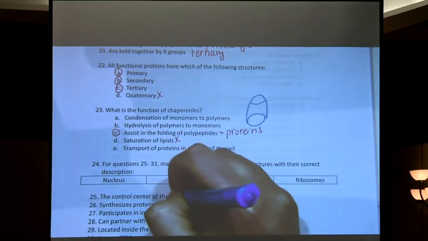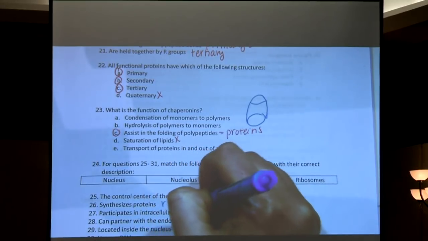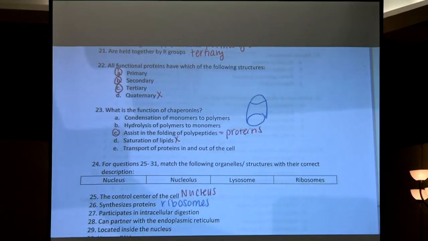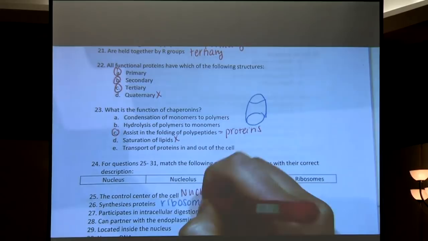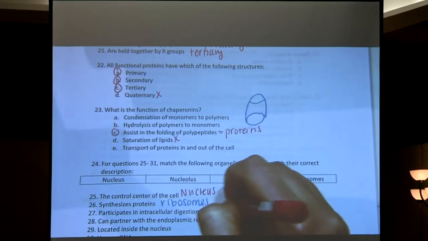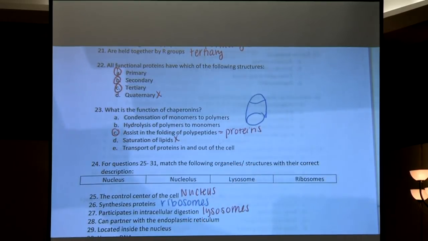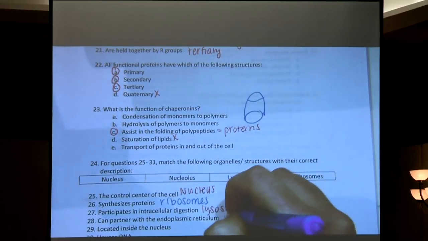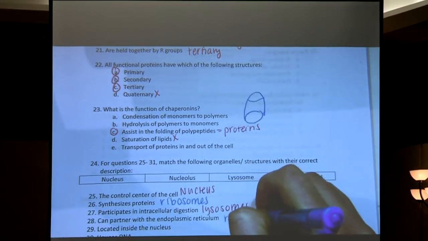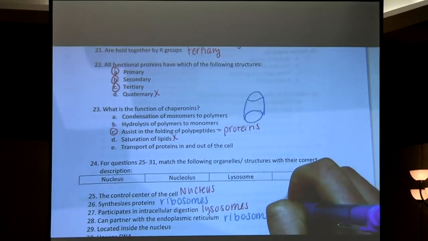Good. So that will be our ribosomes. What participates in intracellular digestion? Good. Our lysosomes. Which of the following can partner with endoplasmic reticulum? Good. So that will be our ribosomes. And in the case, all right, this will help create our rough ER.